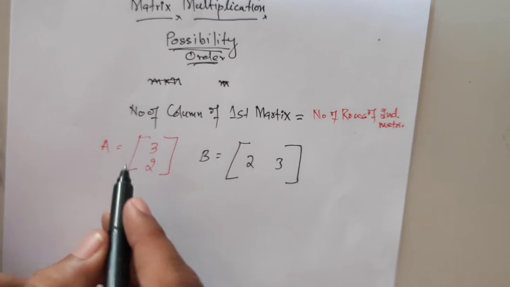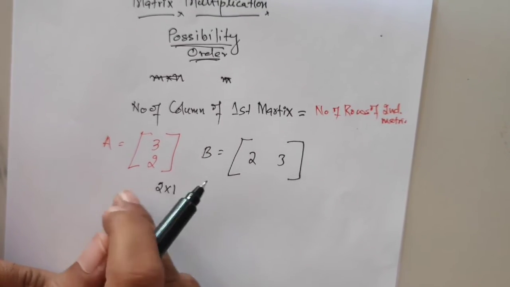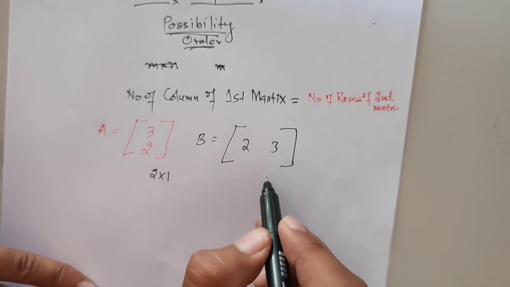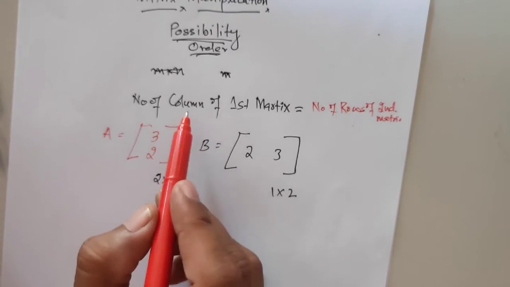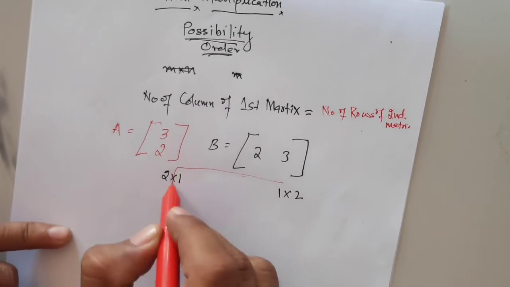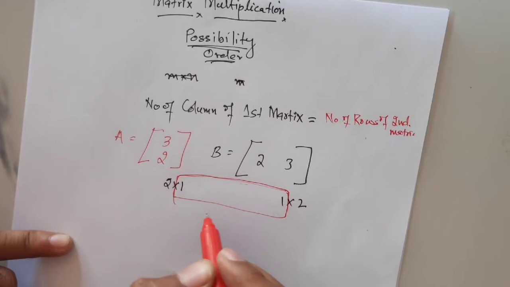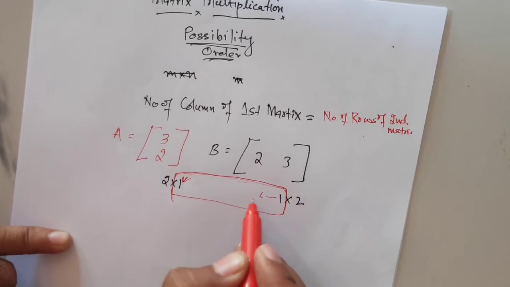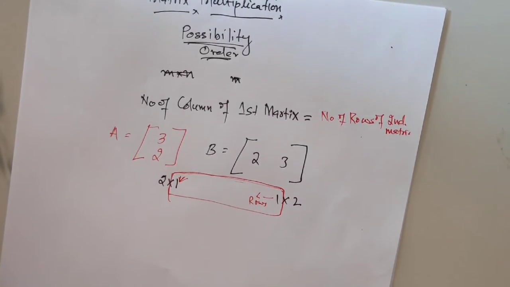Here the order is 2 by 1, which is 2 rows and 1 column, and this order is 1 by 2. So we see that the number of columns equals the number of rows, meaning both are equal. It means the multiplication is possible, because here are the columns of the first matrix and here are the rows of the second matrix. Both are equal, so multiplication is possible.